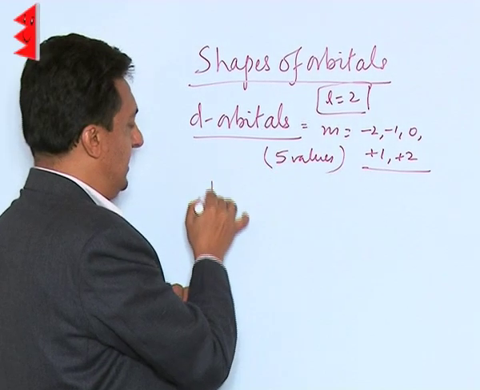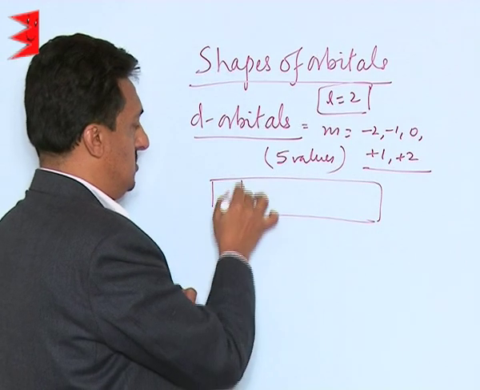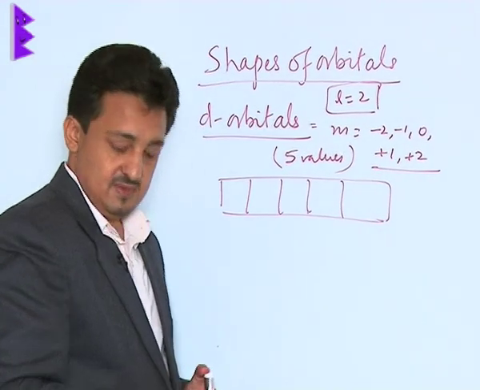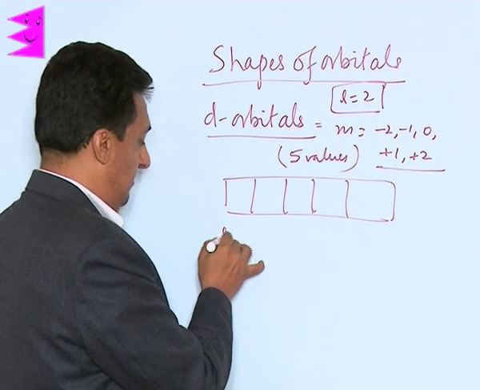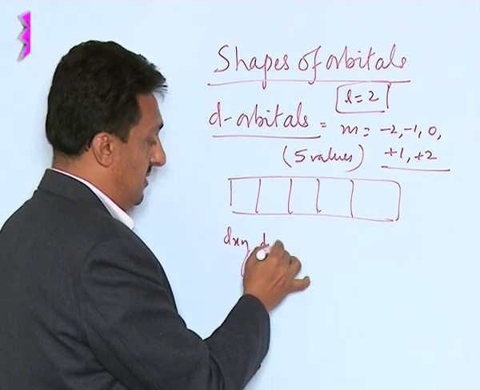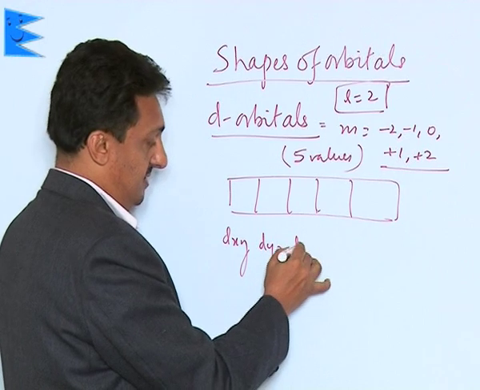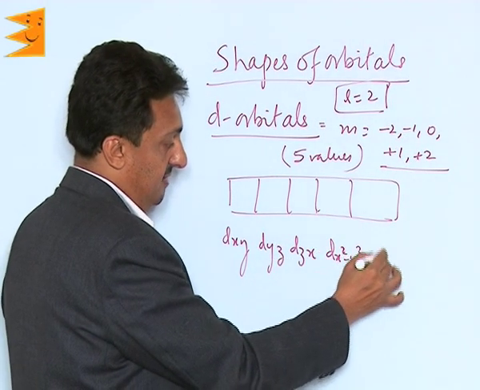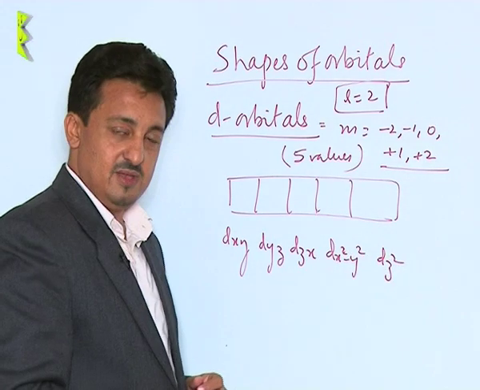So it means d is divided into 5 orbitals, which are named dxy, dyz, dzx, dx square minus y square, and dz square.